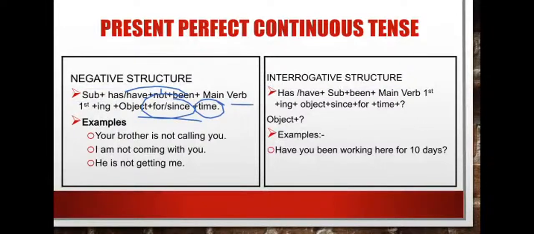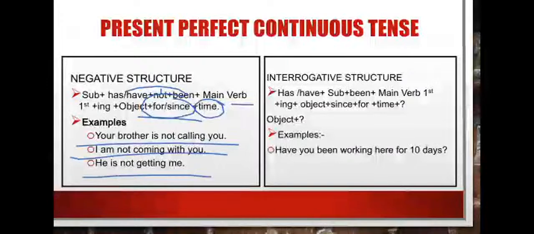Examples. Your brother is not calling you. I'm not coming with you. He is not getting me. Actually, we don't have the since/for here, but it is not that important. Maybe I've missed the examples. Just remove this one.